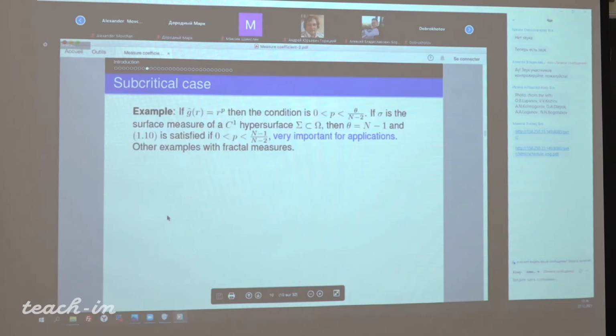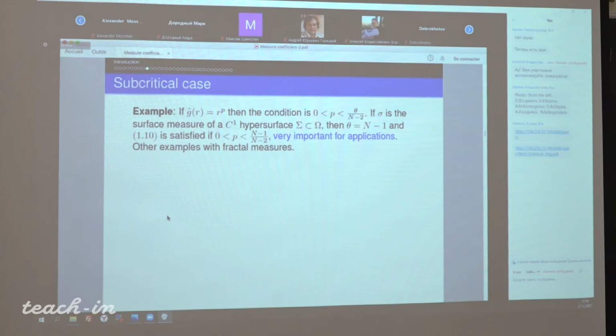Now, if g tilde of r is r to the p, then the condition is that p is less than theta over n minus 2. Remember that theta is between n minus 2 and n, strictly bigger than n minus 2. So you can reach p a little bigger than 1 if, for example, theta is approaching n minus 2.